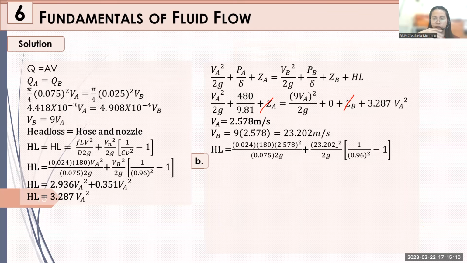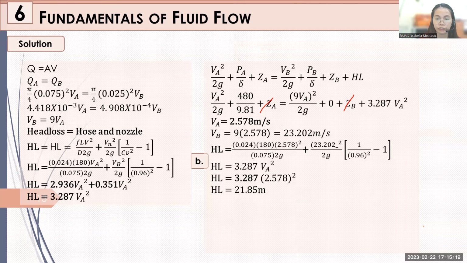You can use the longer equation na nagamit natin or you can use 3.287 VA squared. And you will fall to an answer of 21.85 meters. Check na natin. 3.287 times 2.578 squared, and that is equal to 21.846 meters, or to two decimals, 21.85 meters.